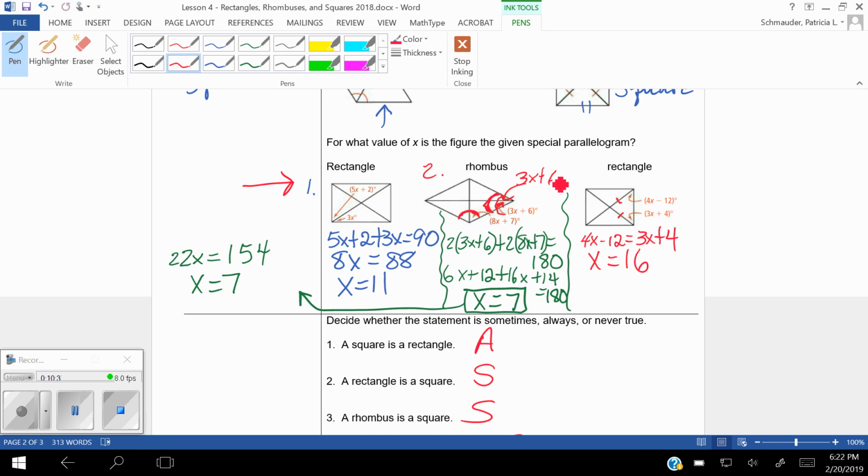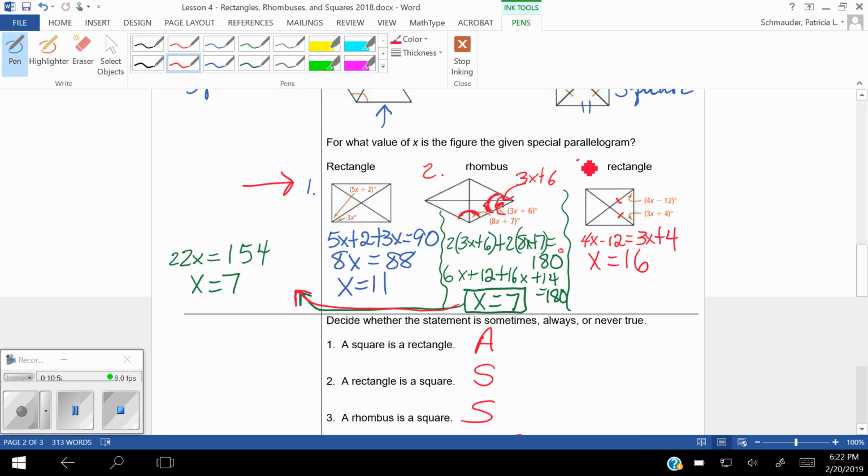So I know that 2 times 3x plus 6 plus 2 times 8x plus 7 has to be 180 because those angles are supplementary. And then I just combined my like terms, and I had to actually come over here because I ran out of room, and I ended up with x equals 7.